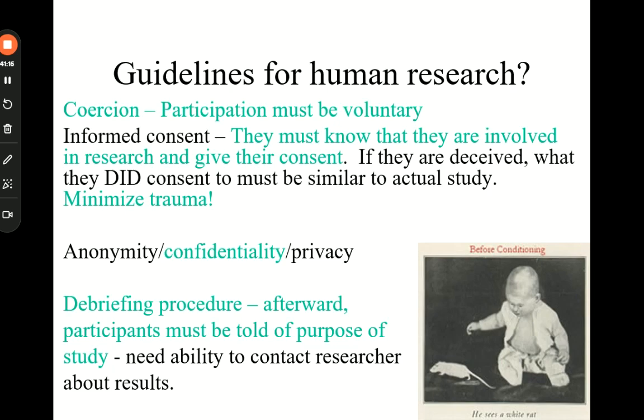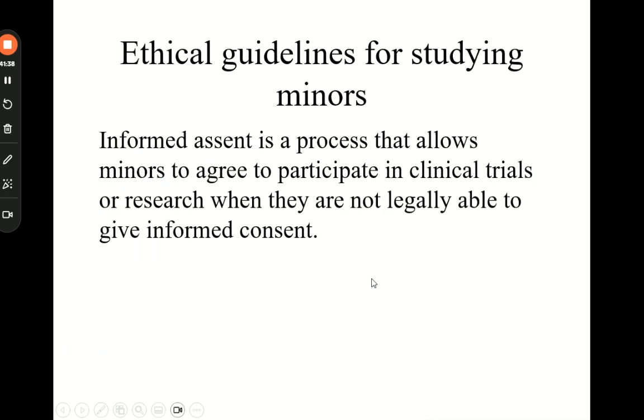And finally, debriefing. When the study is over, you have to tell them what they were studying. You have to tell the people the results of the study and why they did it that way. And the people need to be able to contact a researcher and ask questions. Okay?